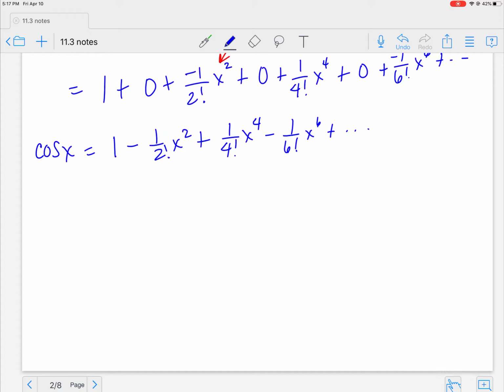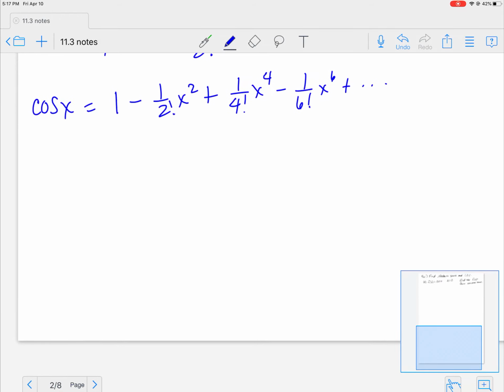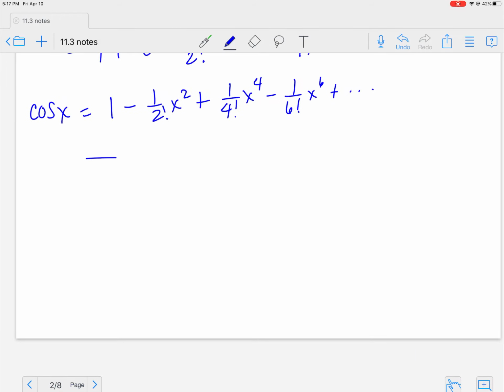All right, so tell me some things that you're seeing with this. Focus just on this part because I'm going to make my series here from 0 to infinity. What do you see about the signs? Yeah, they're totally alternating. So I'm going to have negative 1 to the k.